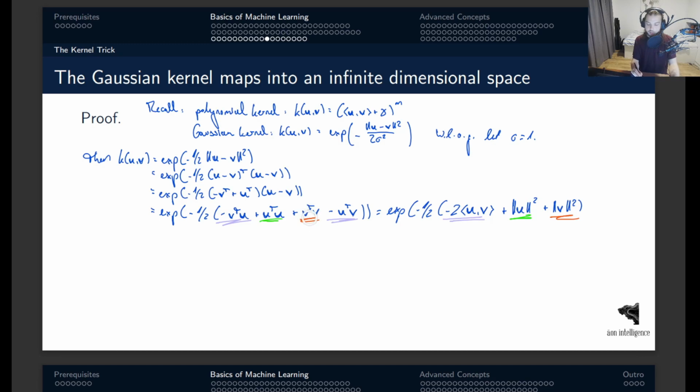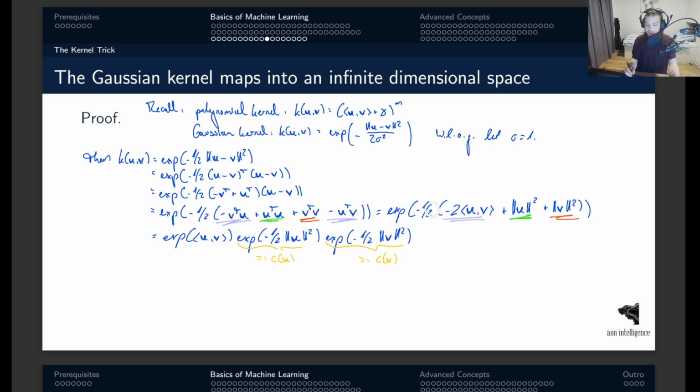And then also the inner product of v with itself, which is equal to the squared norm of v. And I always seem to forget to close the brackets. And then if we multiply this -1/2 with each of these terms, we have the inner product of u and v, -1/2 times the squared magnitude of u, and -1/2 times the squared magnitude of v.